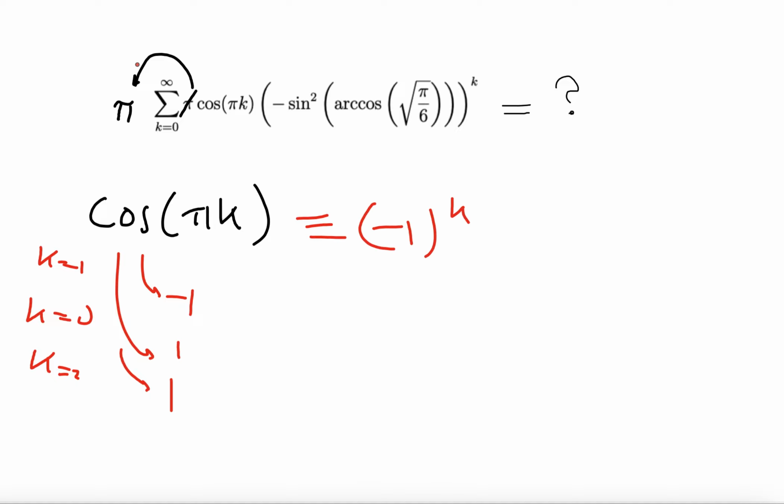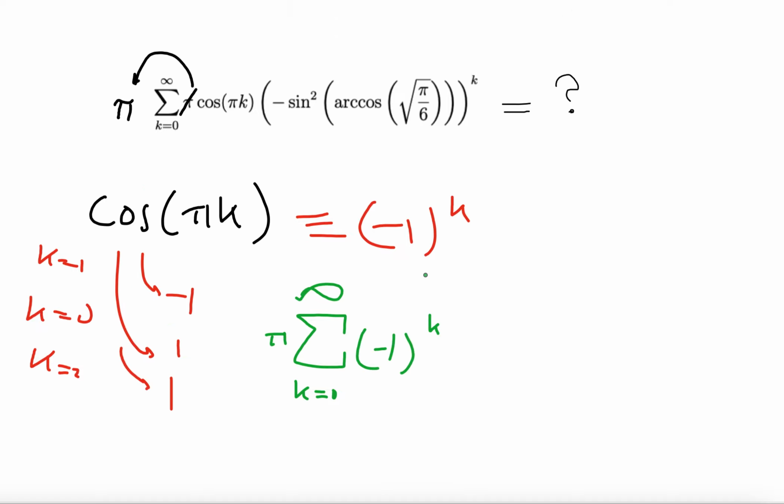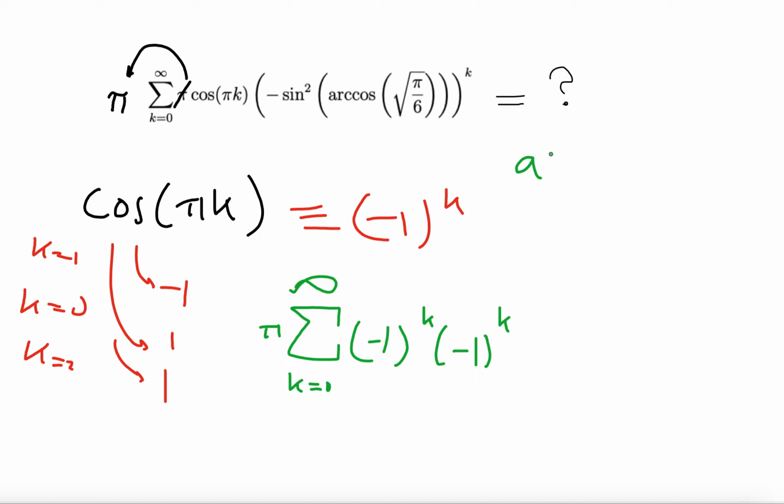So we can rewrite this now, and that's exactly what we're going to do. So this becomes the sum as k goes from 0 to infinity, and don't forget the pi in the front, of negative 1 to the k, but now we have this term here. And what can we do here? Well, look, we have a negative in front of the sine squared term, so we can take that negative 1 out and say it to the k. Because remember that quantity ab to the k is equal to a to the k times b to the k.